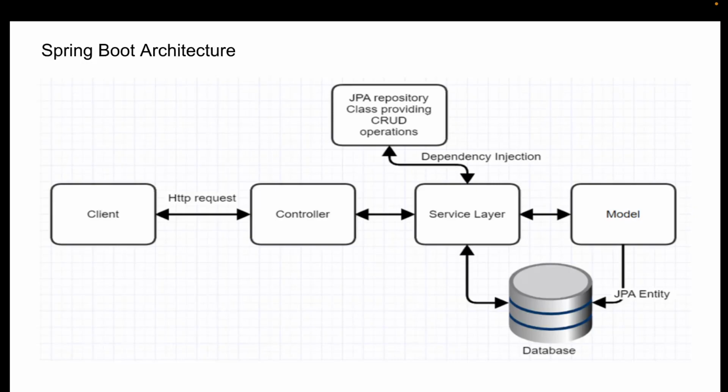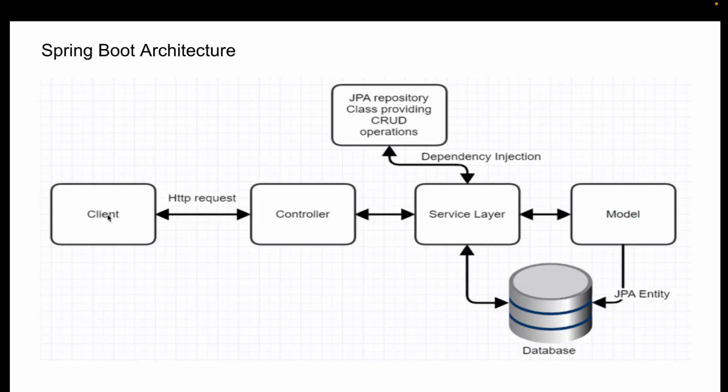The controller is the front layer of your application, the front receiver of any request, and it will also provide the response to the user. So this HTTP request is received in the controller layer, and the controller layer will call a method of the service layer.